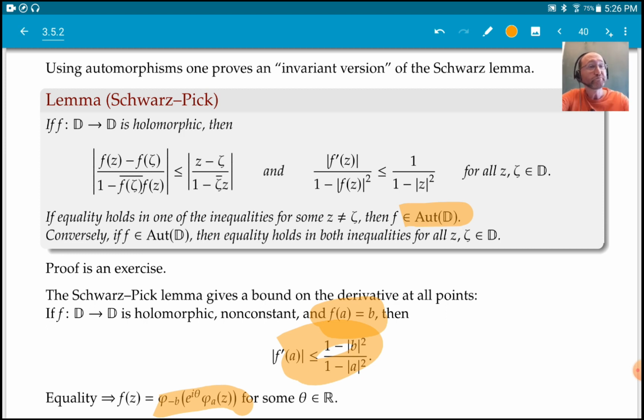Okay, so that's it for this section, and actually that's it for this chapter. Next time we're going to move to chapter 4, and we're going to look at the logarithm, which is really the thing that makes a lot of the applications of complex analysis work.